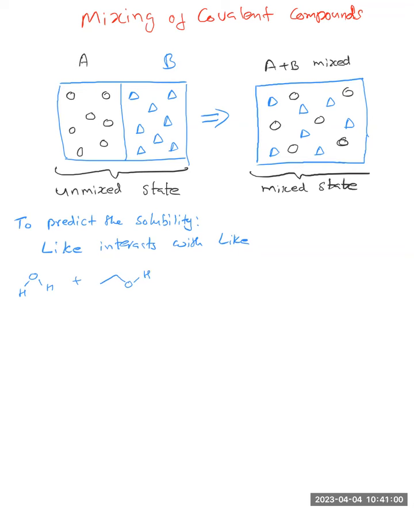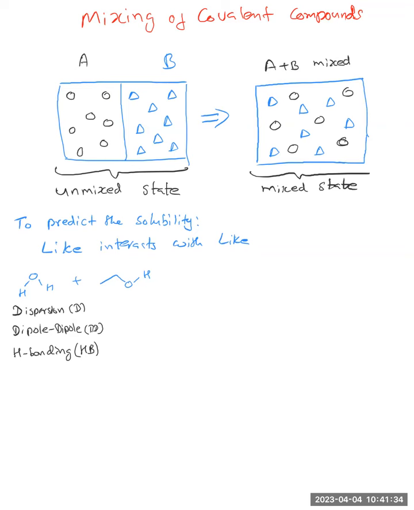Therefore, we can have dispersion forces, because anything has dispersion forces, and it's going to have dipole-dipole forces, and also hydrogen bonding forces. So we have all three types of interactions between water molecules.